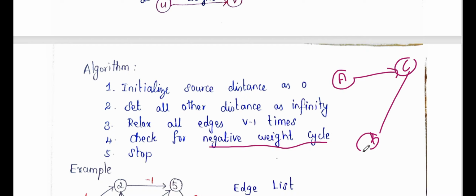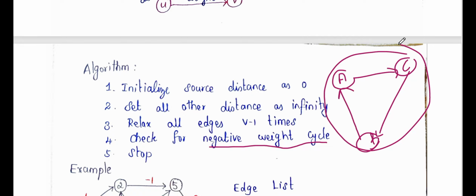Start from one vertex, and the path reaches the same vertex, that is called a cycle. What is a negative weight cycle? The total of the weights on this path is negative. So that is called a negative weight cycle.